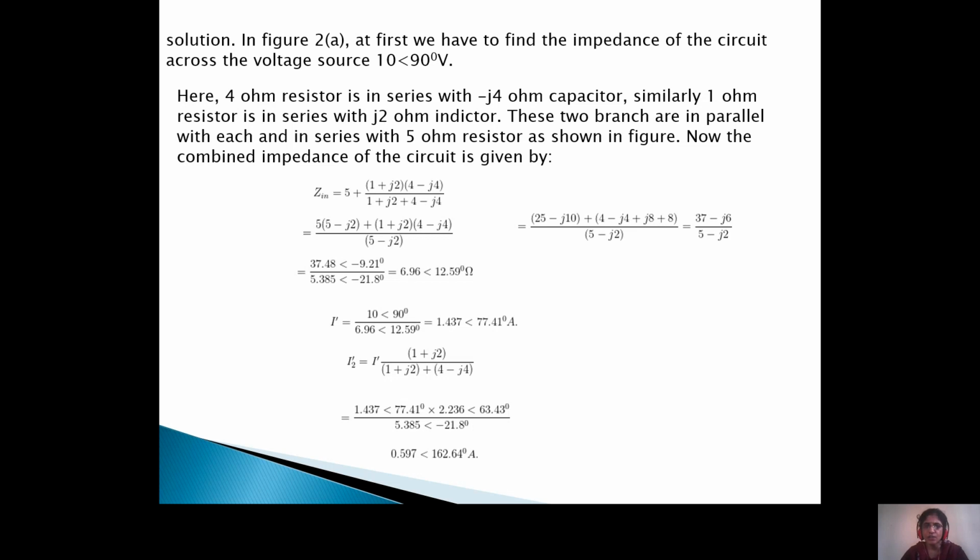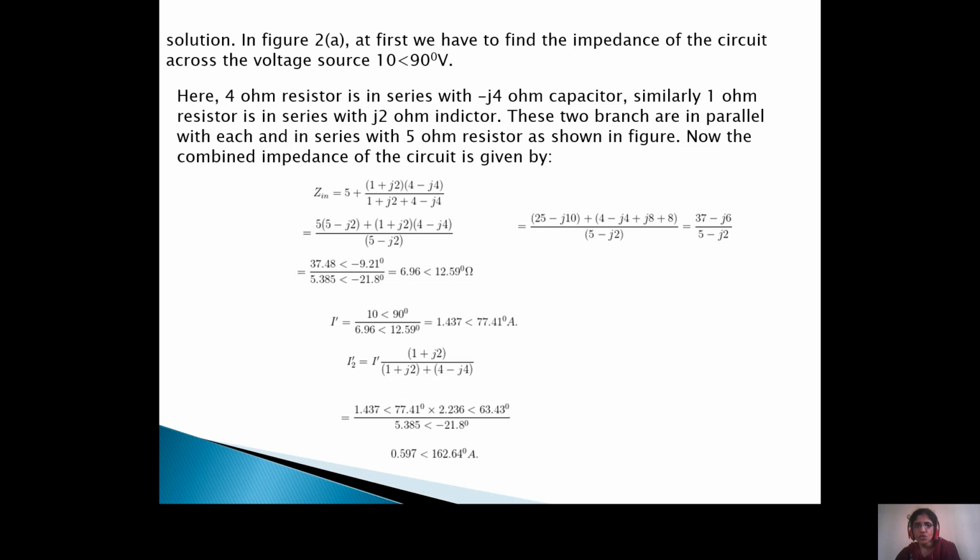I already told you that when you multiply two terms, both should be in polar form. When you add two terms, both should be in rectangular form. When you subtract two terms, both should be in rectangular form. When you divide two terms, both should be in polar form.